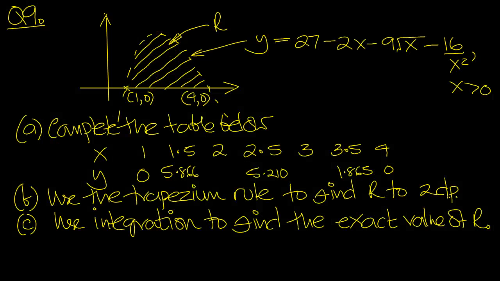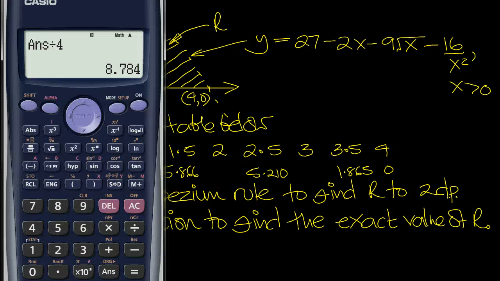Okay, so here's the question then. Let's have a look at it. We need to work out these values first of all, don't we? 2 and 3. Let's put it into the calculator.